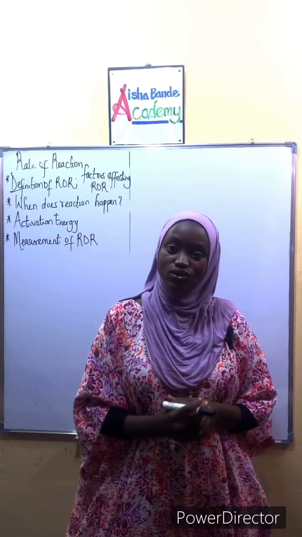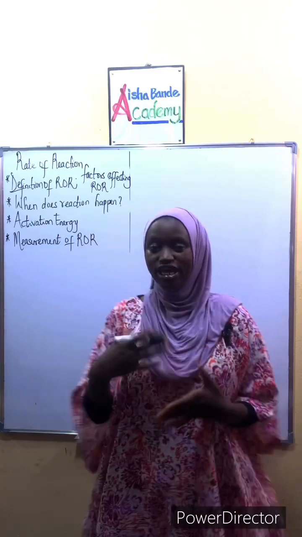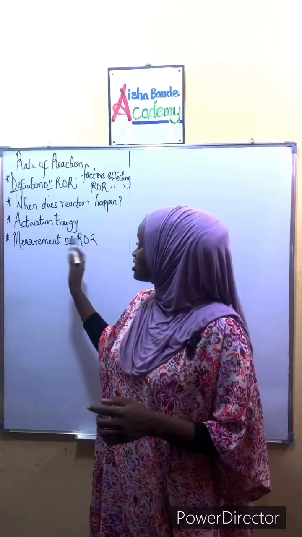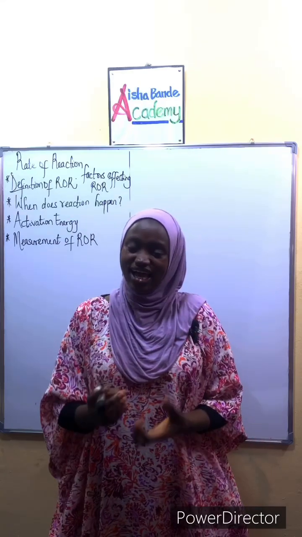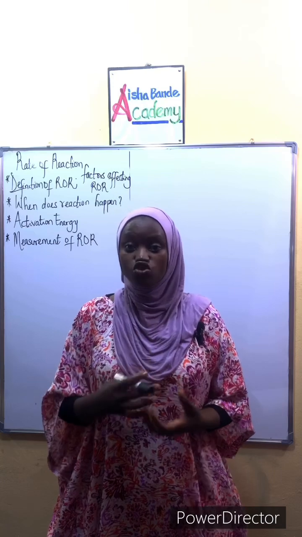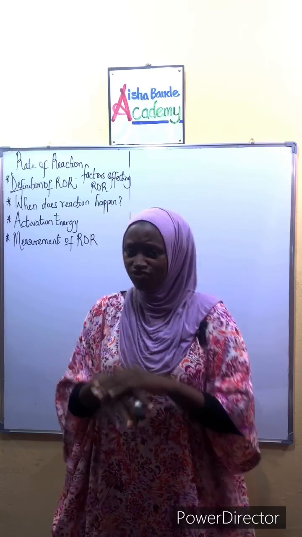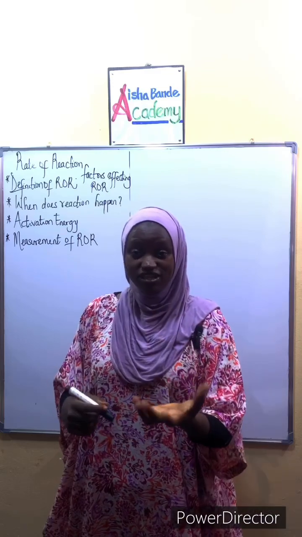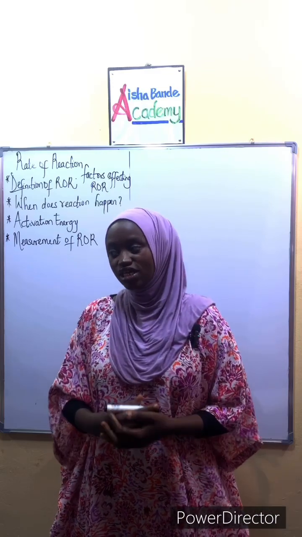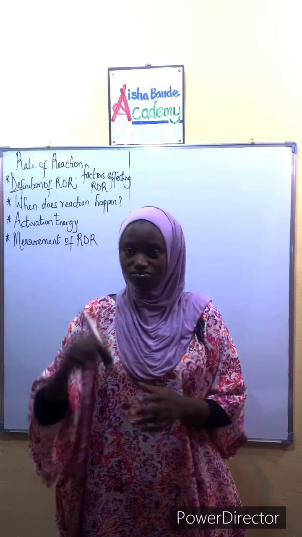Okay, so moving on, let's go to what we have next, which is called the activation energy. Activation energy is defined as the minimum, that is the smallest amount of energy needed to break the bonds between atoms of reactants. So that's what activation energy is all about. An example of activation energy in real life is seen when you want to go to the other side of a hill.